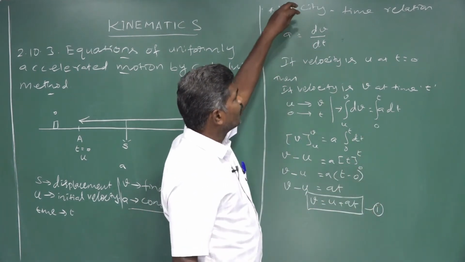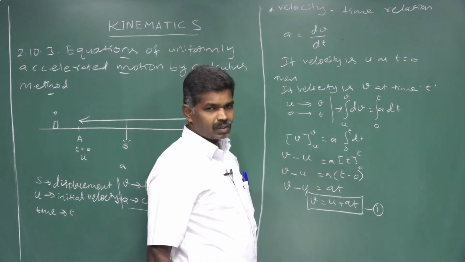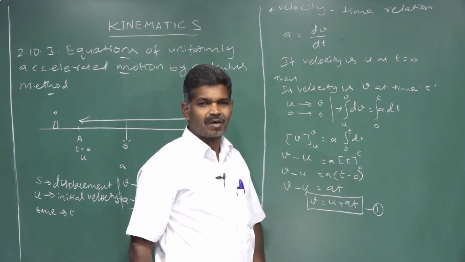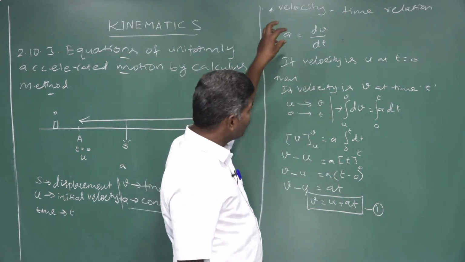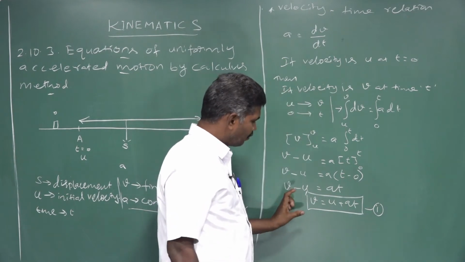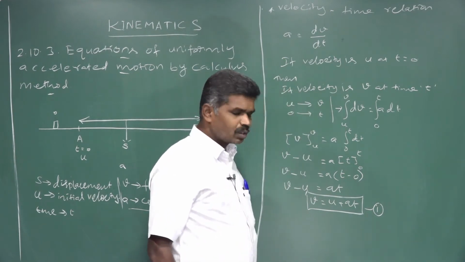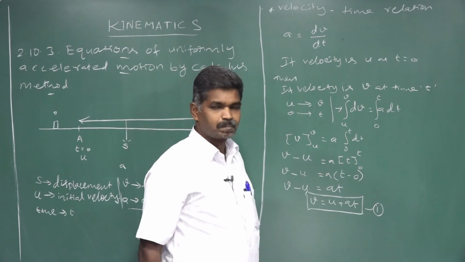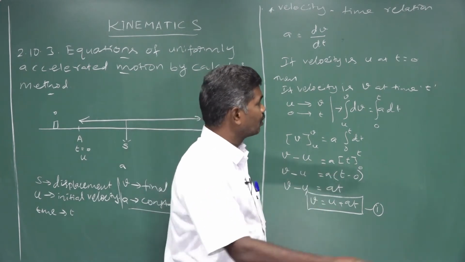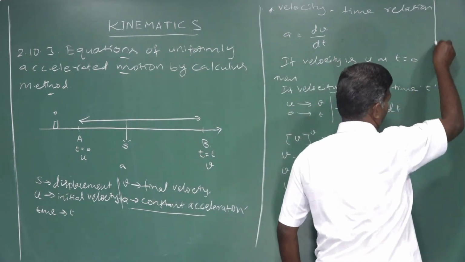Based on the velocity time relation, the first derivative of velocity with respect to time is called acceleration. That equation is going to be rearranged and integrated. Finally, we will get v is equal to u plus at. This is the first equation of motion with a constant acceleration.